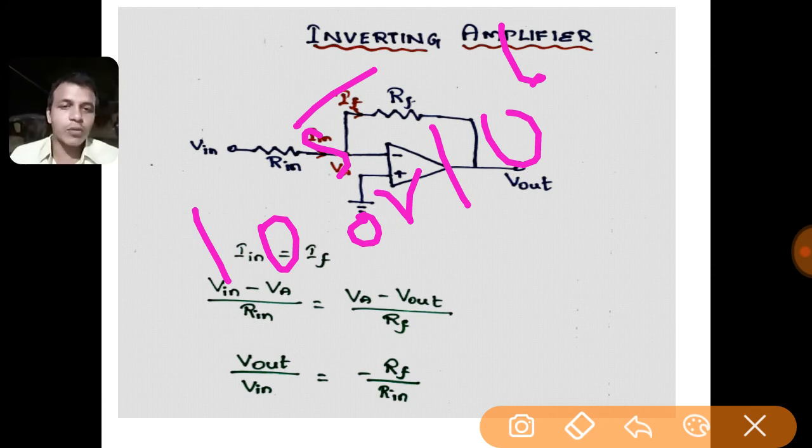The output voltage is forced to enter into the saturation region instead of being operated in the linear region. So that is the greatest disadvantage of the operational amplifier.